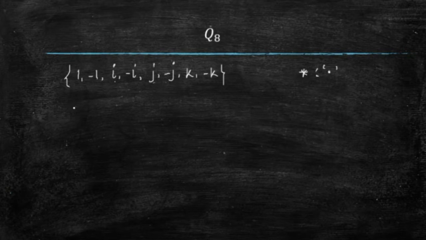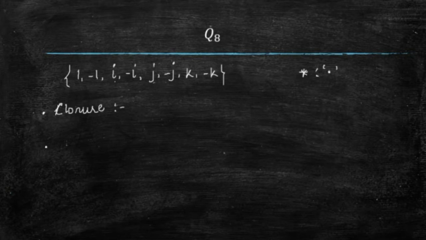So my claim is the set with this binary operation forms a group. So very first thing, you have to check whether the set with the binary operation is closed or not. By that wheel diagram that we did just now, I know that whenever I multiply any element with any other element in the set, we will get an element of the set back, right?